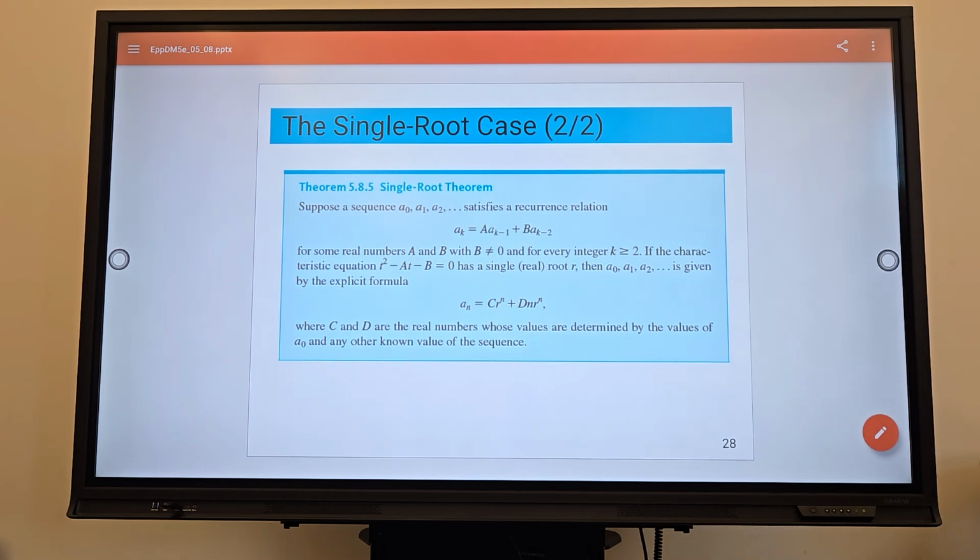If the characteristic equation t squared minus at minus b equals 0 has a single real root, then the sequence A is given by the explicit formula a sub n equals c times r to the n plus d times n times r to the n, where c and d are real numbers whose values are determined by the values of a sub 0 and any other known value of the sequence.